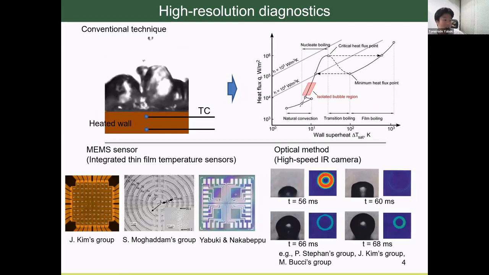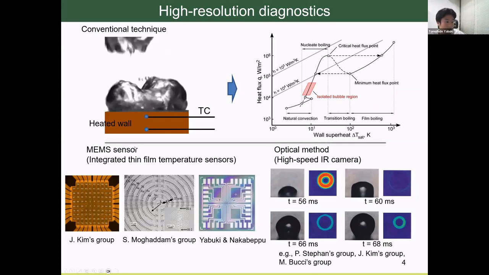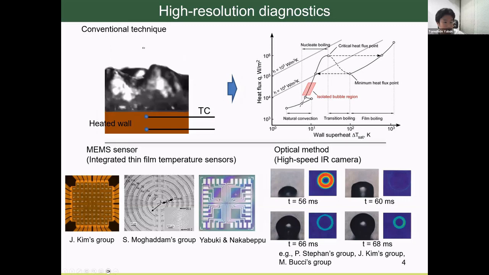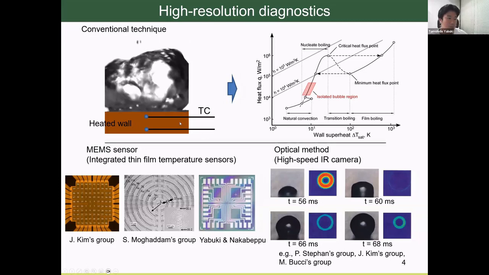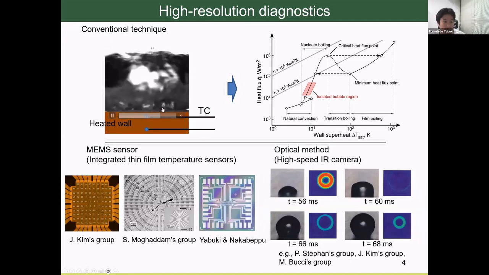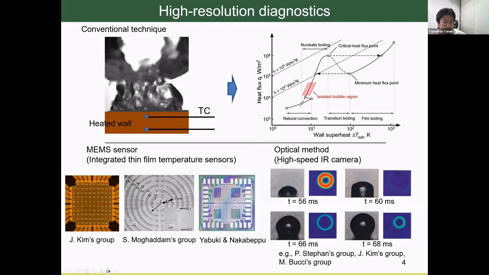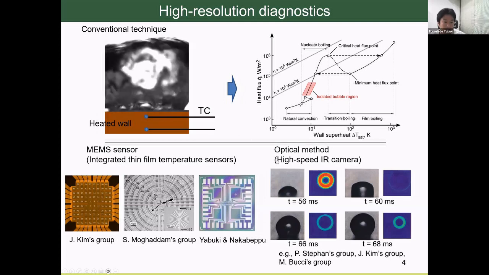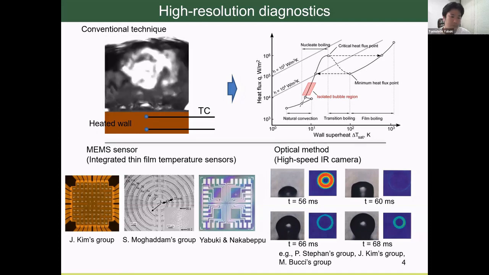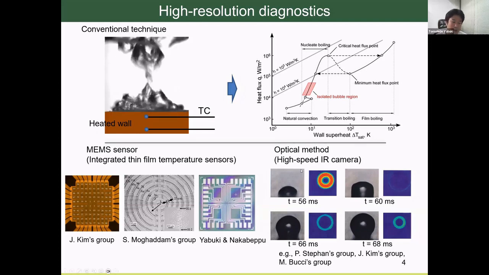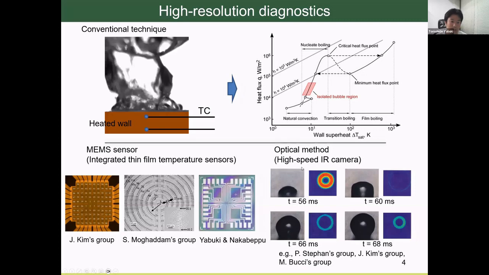On the other hand, high resolution measurement techniques like MEMS sensors and high-speed infrared cameras enable us to directly observe the heat transfer mechanism on the wall. In particular, the high-speed infrared camera has the advantage of being able to measure the distribution of temperature or heat transfer.